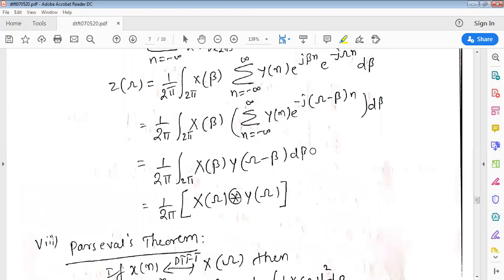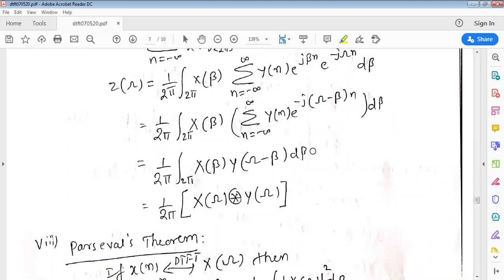Okay, I'll repeat once again. Observe carefully. x of n convolved with h of n gives you x of k into h of n minus k. Now I'll tell you the opposite way. I will give you x of k into h of n minus k.